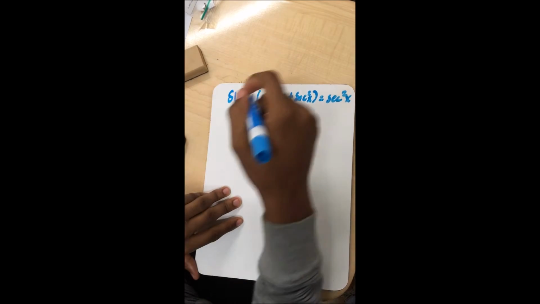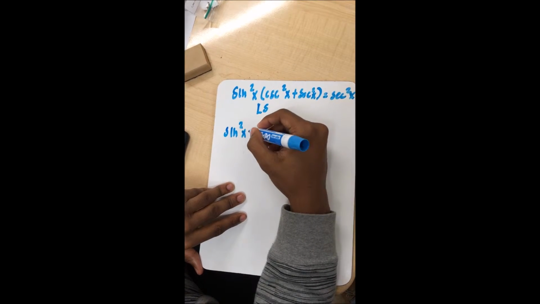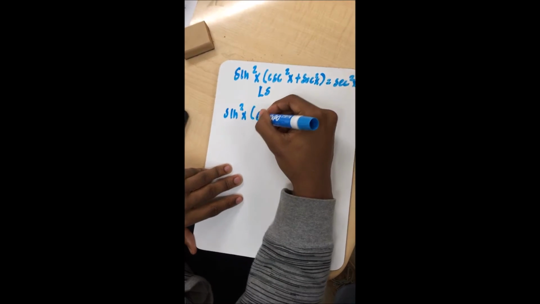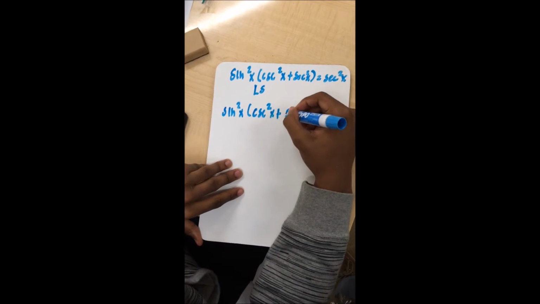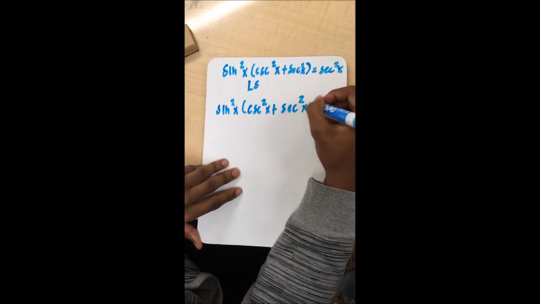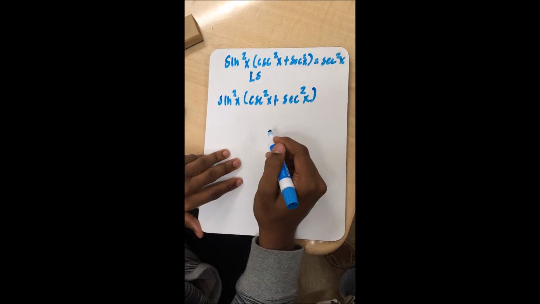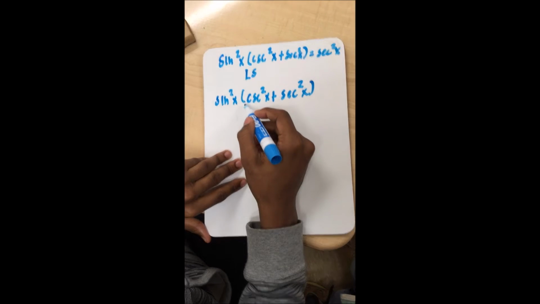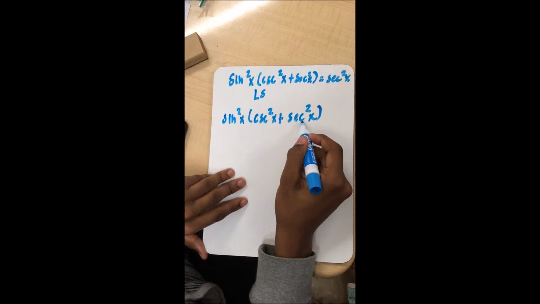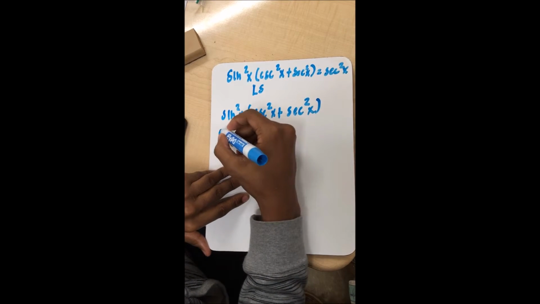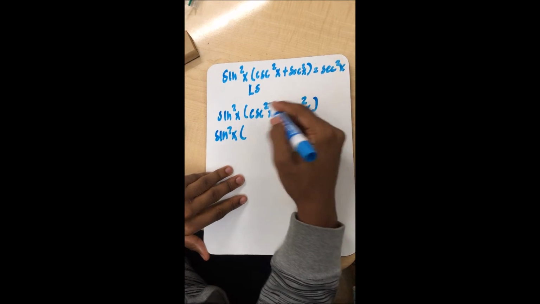So we've got sine squared x. What we need to do is simplify this part. We bring sine squared x down and basically multiply everything by sine squared x.